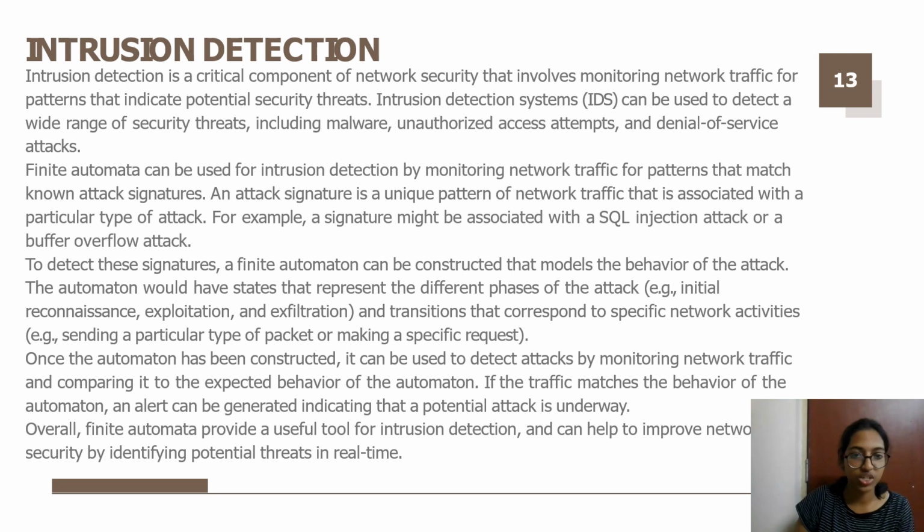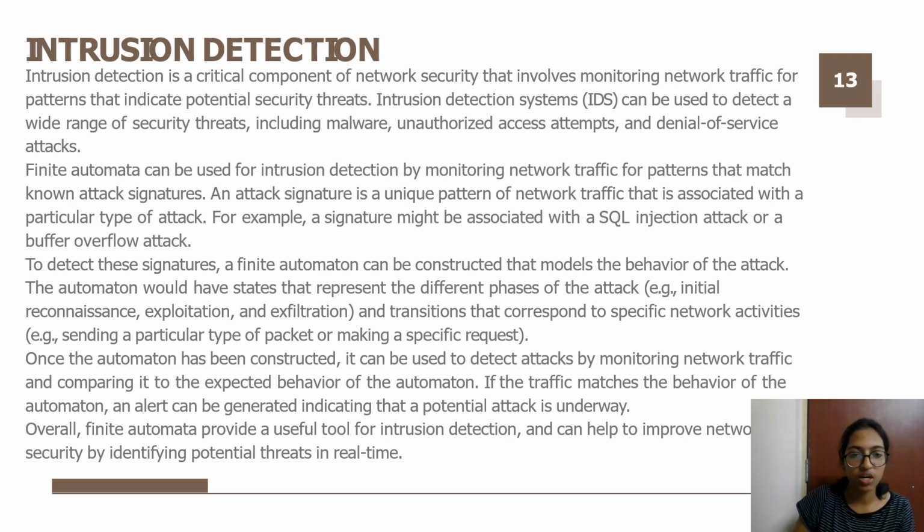Next one is intrusion detection. Intrusion detection is a critical component of network security that involves monitoring network traffic for patterns that indicate potential security threats. An intrusion detection system can be used to detect a wide range of security threats, including malware, unauthorized access attempts, and denial of service attacks.